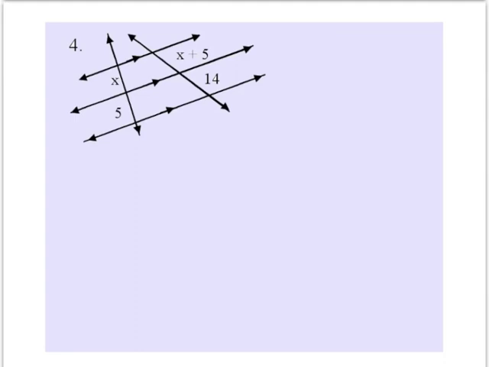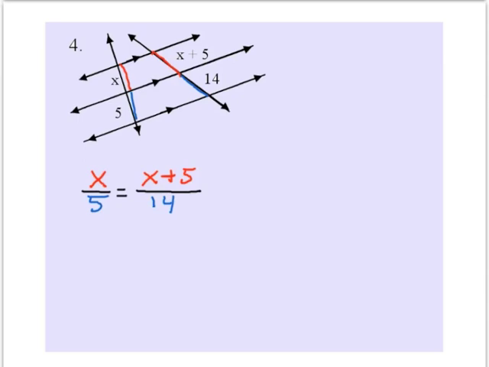This next problem deals with the second theorem on the front page of your note sheet. So we have x and x plus 5 are split up, and 5 and 14 create the final proportions.